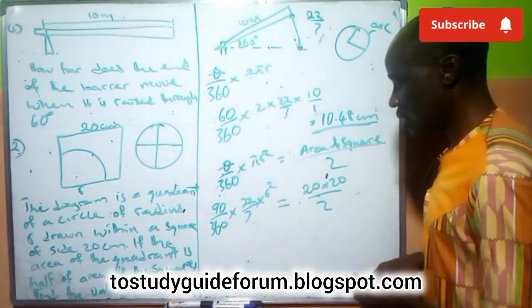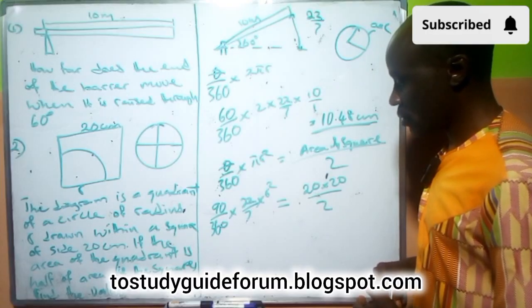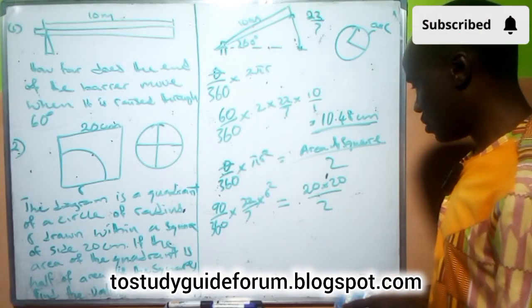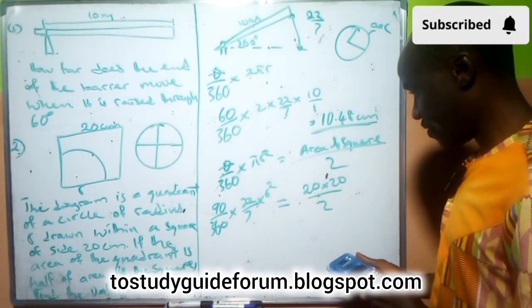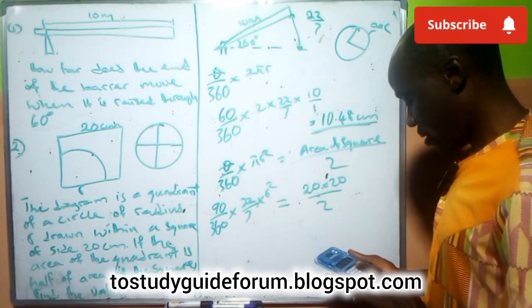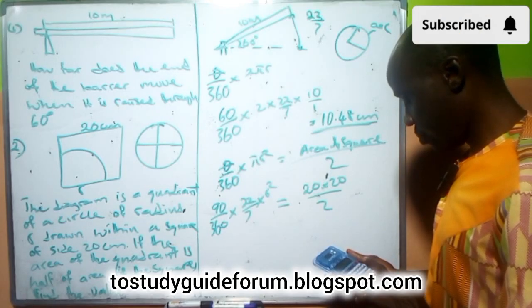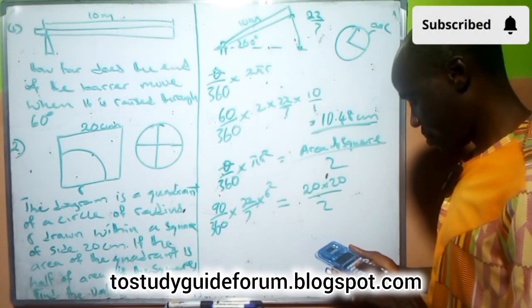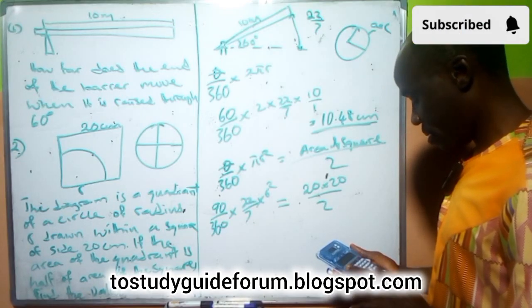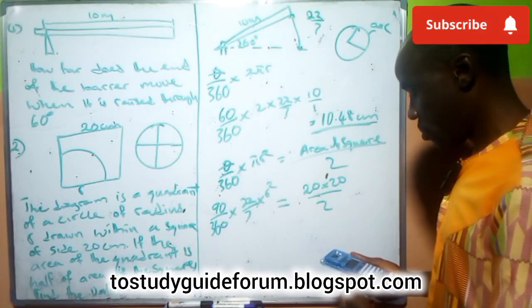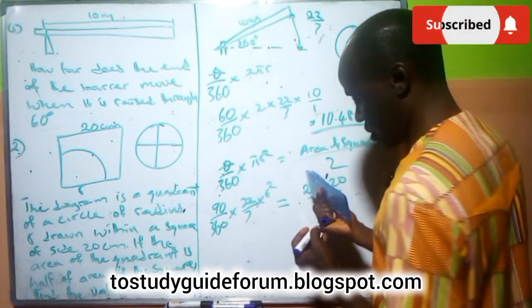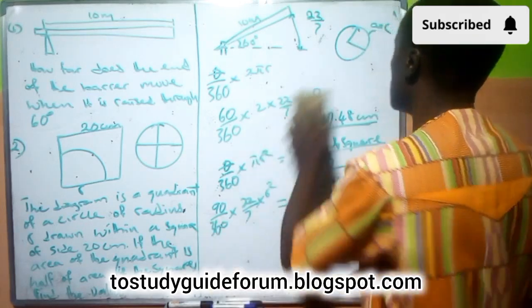So what next are we going to do? The next thing is to simply multiply it through. Let's see how I'm going to do this to make it faster. 90 multiplied by 22 divided by 7 over 360.